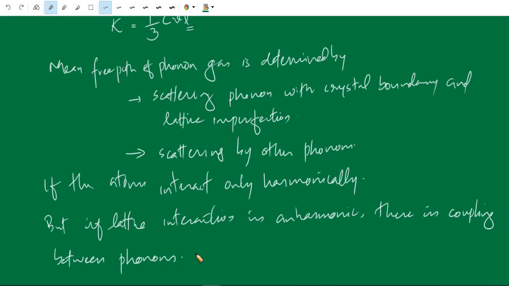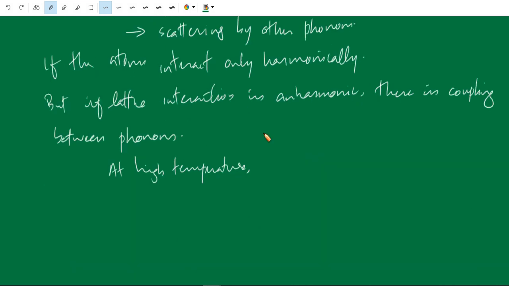Let us see how the mean free path changes in the anharmonic interaction case. The frequency of collision of a phonon with other phonons is directly proportional to the number of phonons with which the given phonon can interact, which is directly proportional to the temperature T at high temperature.